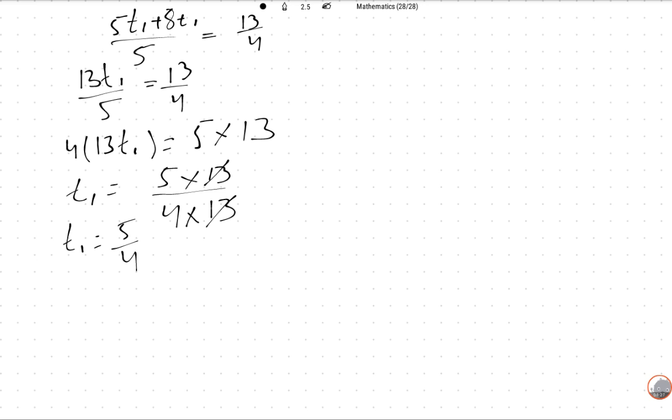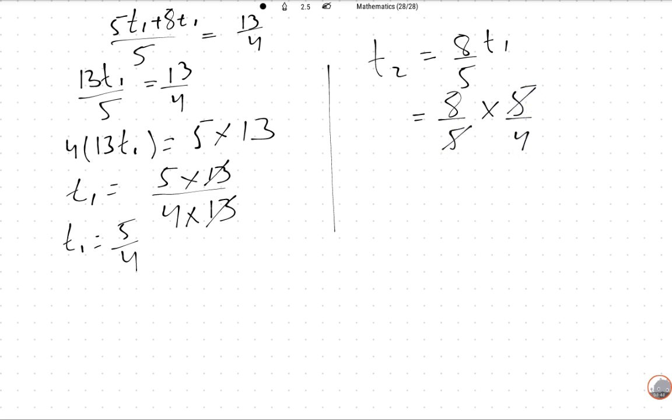So we know that t2 is equal to 8 upon 5 t1. So what is t1? Multiply by 5 upon 4. 5 will cancel and 2. So t2 is equal to 2 hours.